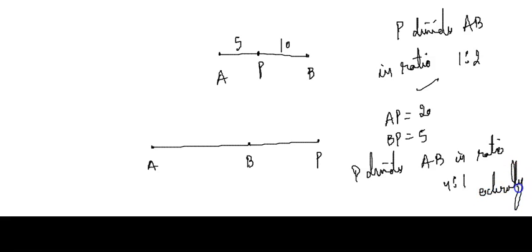Got it? So the reason is P lies outside AB in the second case, that's why it is called external division, and in the first case P lies between AB, that is why it divides AB internally in ratio 1:2.